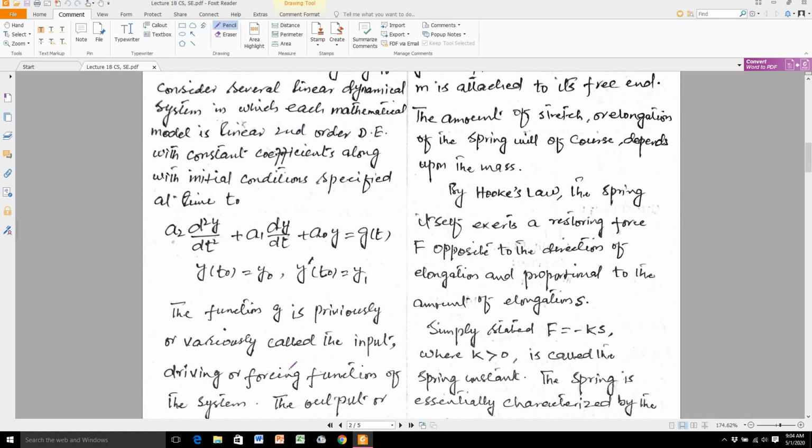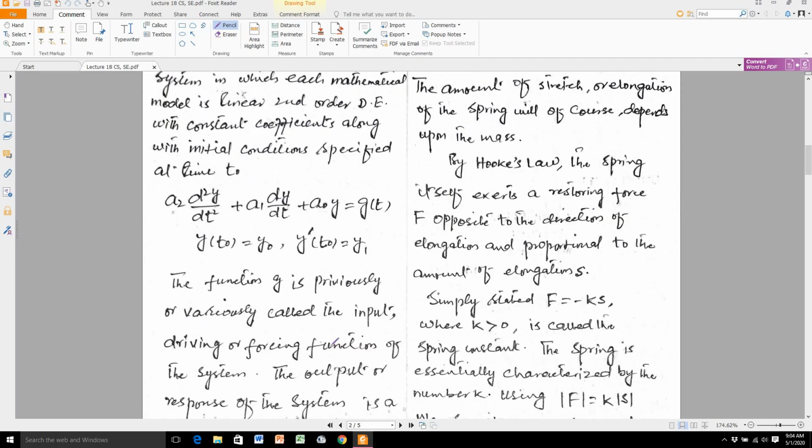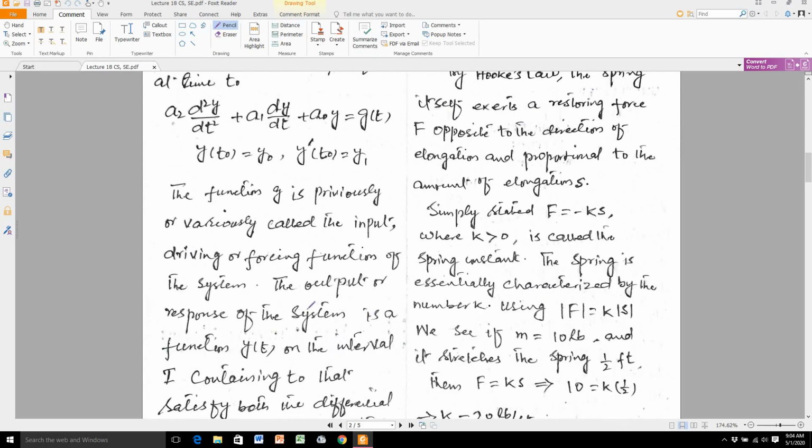What type of function do we call this? We call this the forcing function or driving function, or the input. The output or the response of the system is the function y of t. Y of t is the solution of the given differential equation, which is based on the particular solution and the characteristic equation.